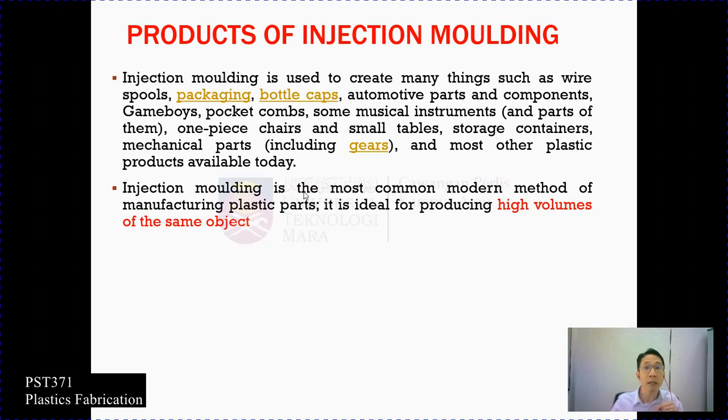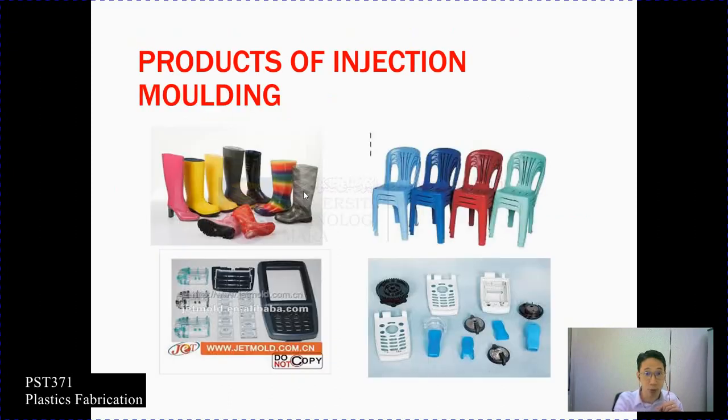But bear in mind, injection molding is also capable of producing parts that require specific equipment, such as hollow parts that usually use rotational molding. Injection molding is also capable of doing so, and some of the thermoset processes are also capable of using injection molding. Later on we will go through what types of injection molding are available in industry, how they actually function and what types of product they usually produce.